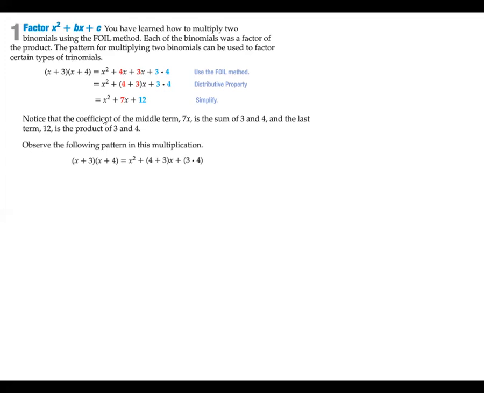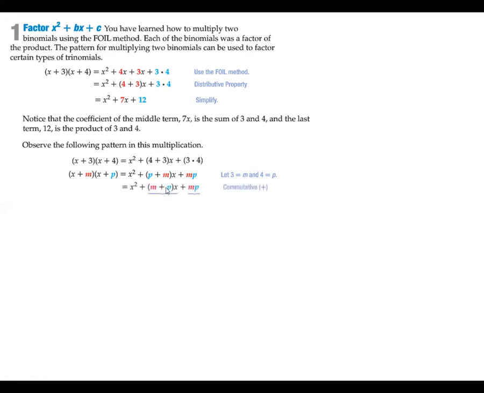So observe the following pattern in this multiplication. You have x plus 3 times x plus 4 is x squared plus 4x plus 3x plus 3 times 4. In general, if you have x plus a number times x plus another number, the first term is always going to be x squared. The outer and the inner are going to add together, so you're going to add m plus p times x. And then you're going to multiply the last, which is just m times p.